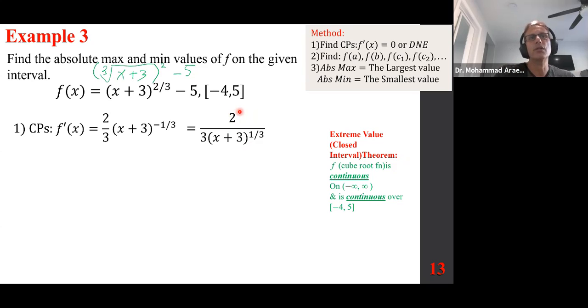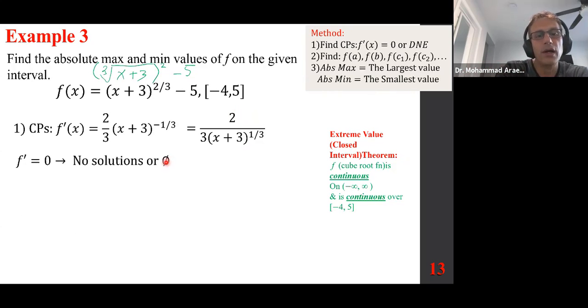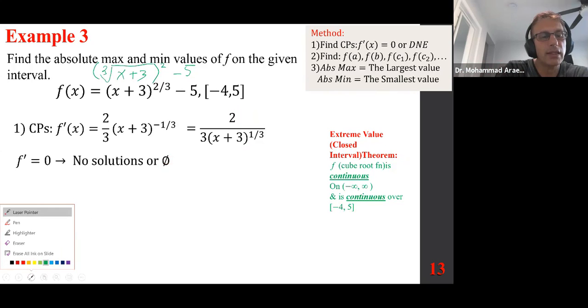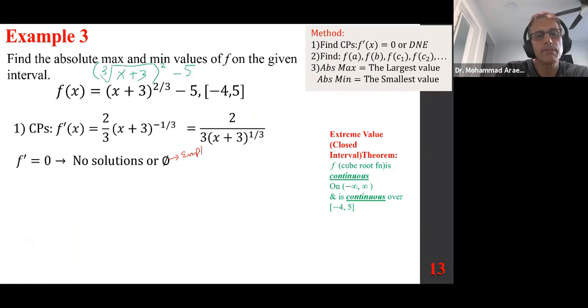Therefore, f prime equals 0 doesn't give us any solutions. This is phi, a Greek letter representing an empty set in set theory. That doesn't give us any answer.